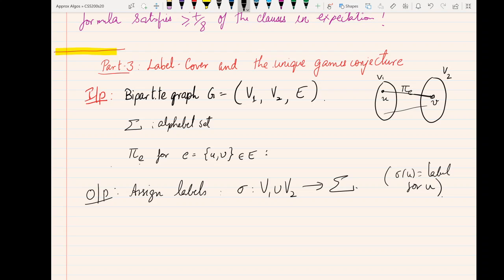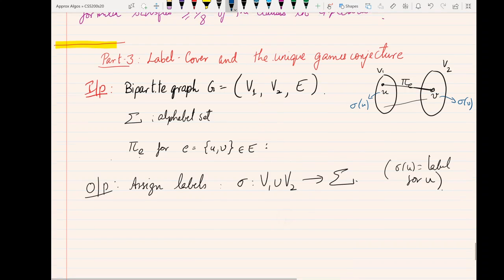Now you have a constraint on every edge. Okay, so if I assign a label sigma u to the vertex u, and I assign sigma v to the vertex v over here, the pi e constraint actually tells whether this is a valid assignment of labels for that particular edge.